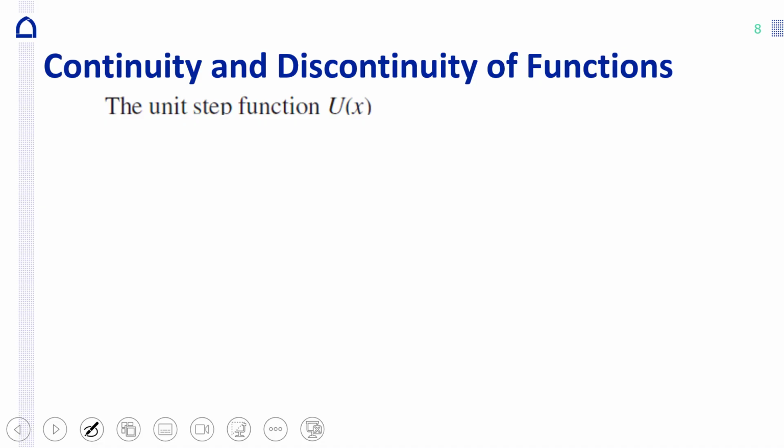Now, we know the step function, okay? The step function is equal to 1 for positive x or 0, and 0 for any negative value, right? It's also a jump discontinuity because the left limit is 0 and the right limit is 1.